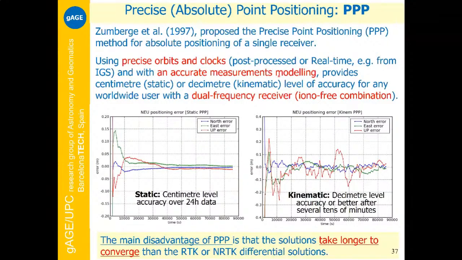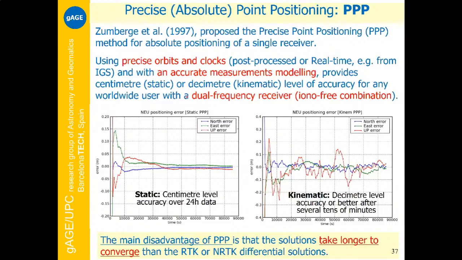And then if we want to achieve absolute positioning with centimeter level, we have to account for this up to 20 centimeters. Then we have to model everything as much as possible. In the case of RTK, in the previous case, there is no problem with solid tides because the reference station and user are close and in a local area, and then they move due to the solid tides in the same way and cancel in differential mode.